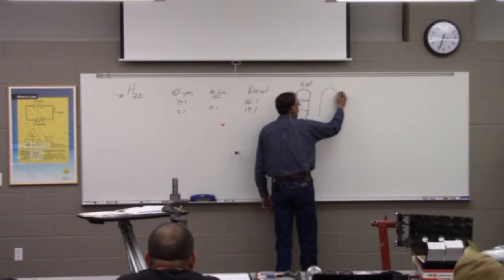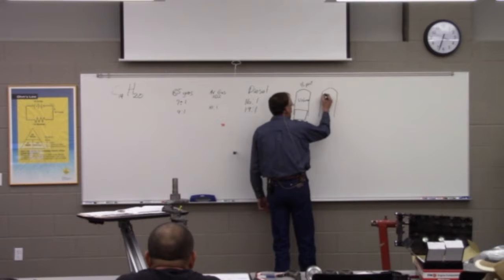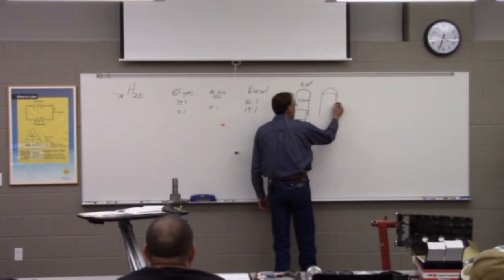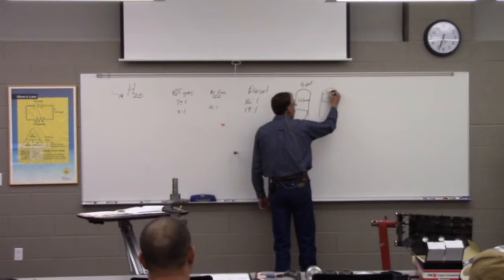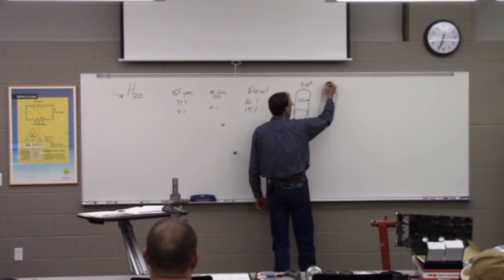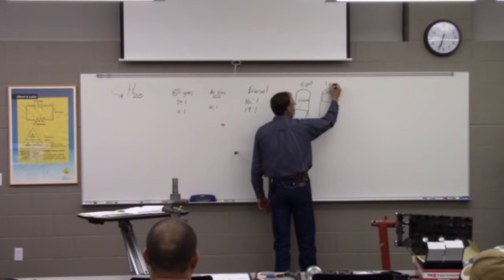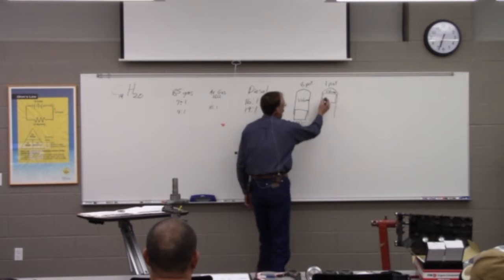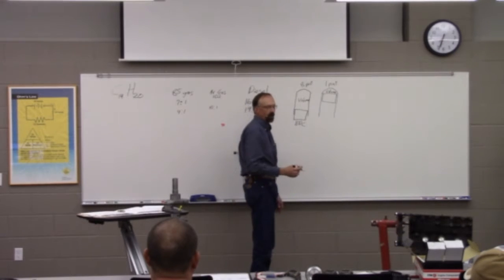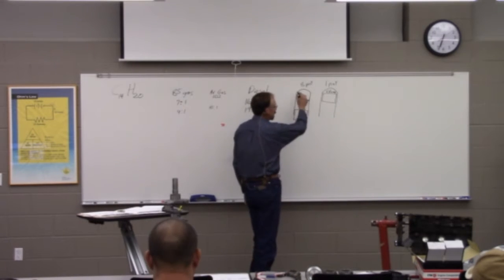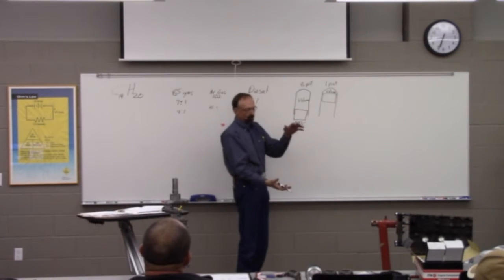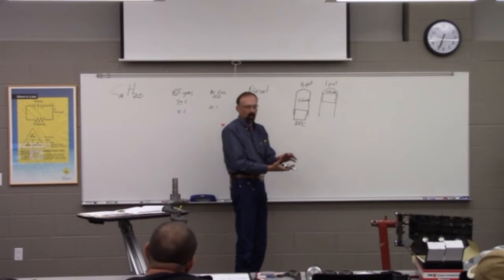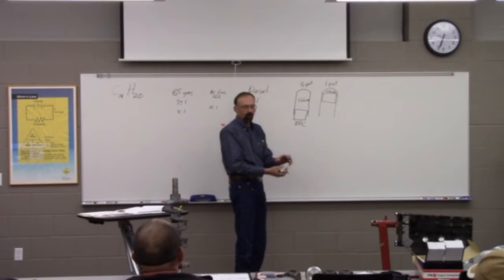So then when this cylinder's here and that piston's all the way at the top of its stroke, what's the volume in here? Well, if that now is 1 pint of space inside the combustion chamber on top of the piston, there's our 8 to 1 ratio. So it's talking about how much we're compressing that air and air-fuel mixture.